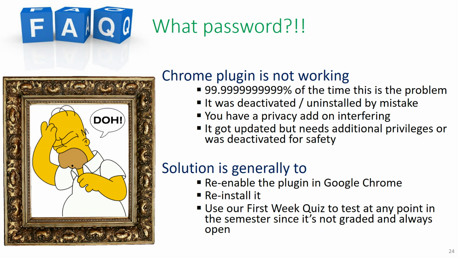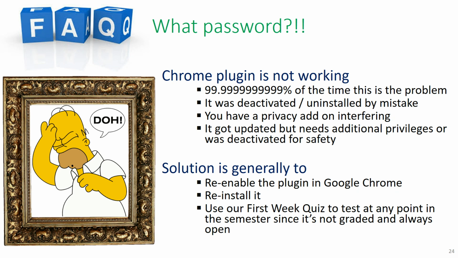And if that doesn't work, generally, that means the page tells you what the password is. There will never be a password to anything in this class, okay? So if your browser tells you what the password is for this exam, for the first week quiz, that means there's a problem with the plugin. 99.9999999% of the time, that's what happened.